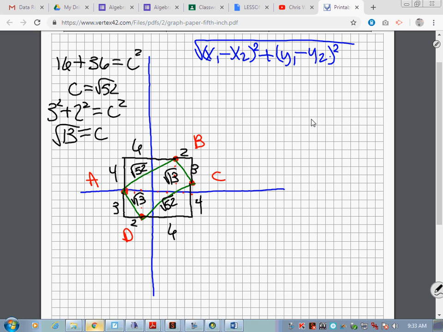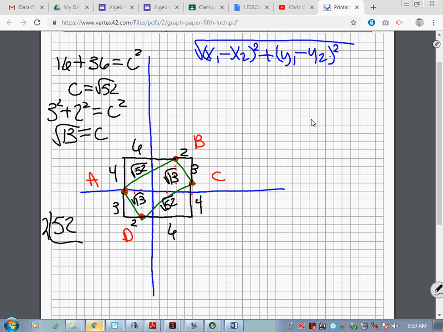Okay, what I'm going to do is see if I can simplify the square root of 52. What did I divide 52 by? Something small, let's try 2. Okay, what's 52 divided by 2?